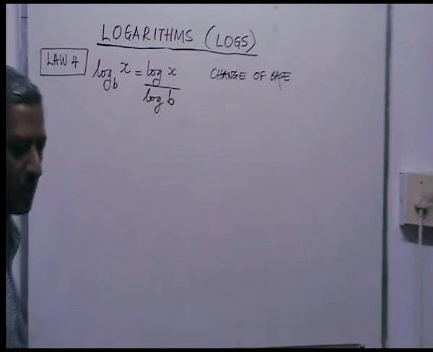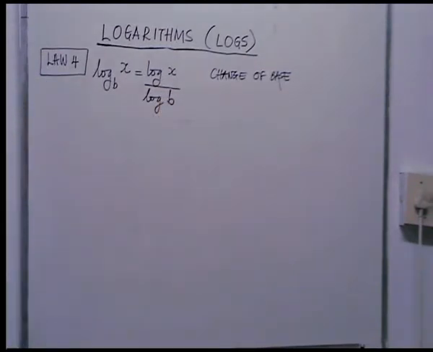So now let's see why they call it change of base. The question was log x to base b. The base was b. After you perform change of base on it, this is rewritten as log x all over log b.